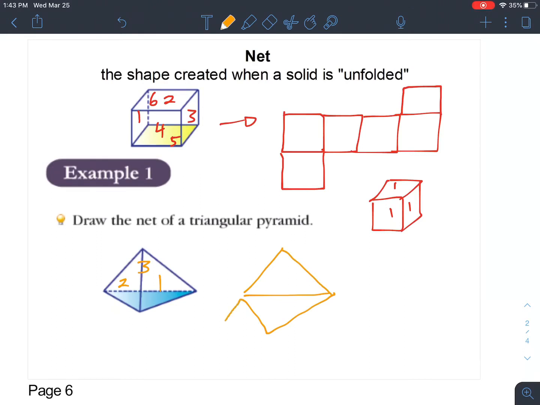The one I numbered as 2 would look kind of like that. And then the one that was numbered 1 would look something like that. Now, hopefully, if we were to cut this out and then fold it together, it would make a pyramid that looks something like that. Again, I'm not the best at drawing, so we're just going to have to pretend that it was going to work.